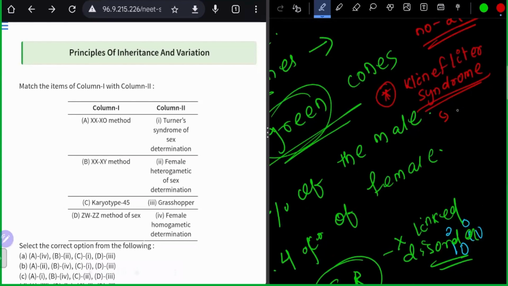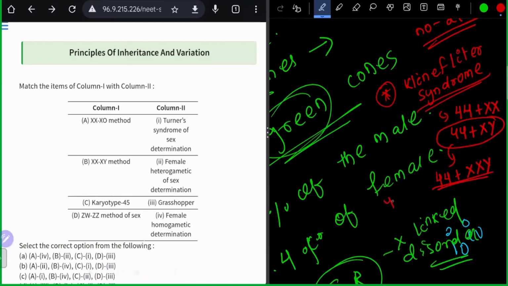That means what is our karyotype? 44 autosomes and 2 sex chromosomes, either XX in female or 44 autosomes plus XY in male. But in Klinefelter syndrome, you can find 44 plus an extra copy of X chromosome.